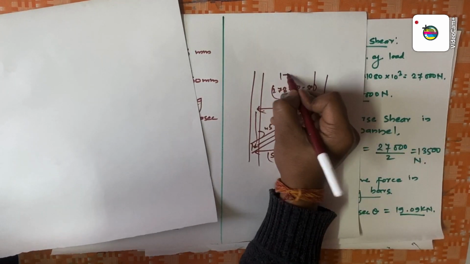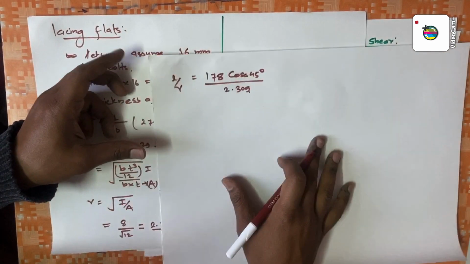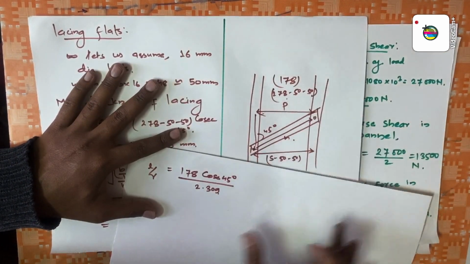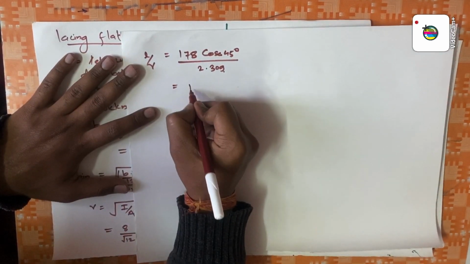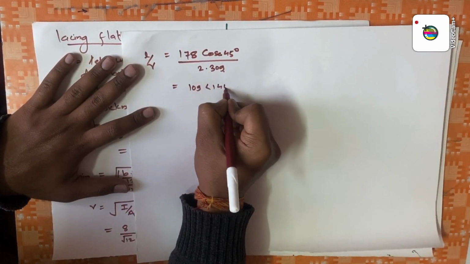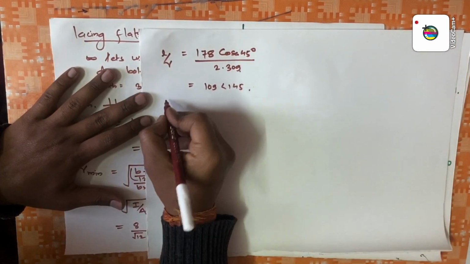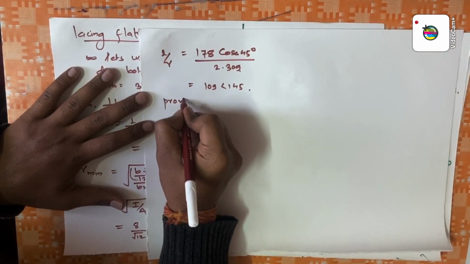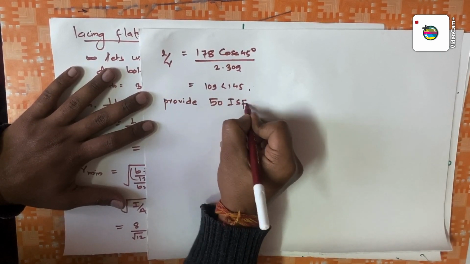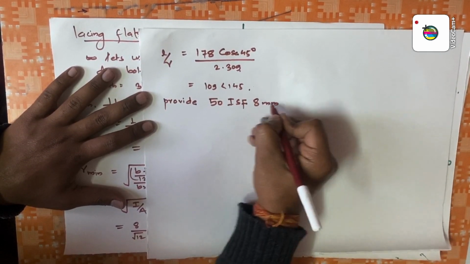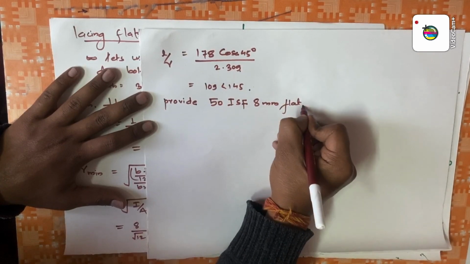This is 178, so 178 cosec 45 degree will be the length of this flat. So I get a value around 109, which must be less than 145. So let us provide a 50 ISF 8 mm flat. Okay.